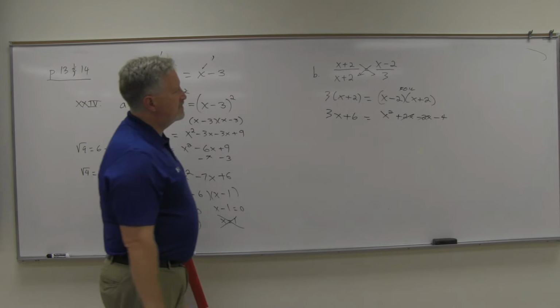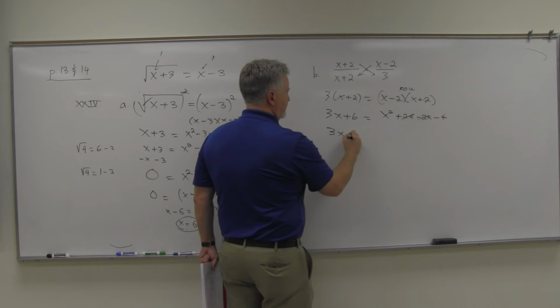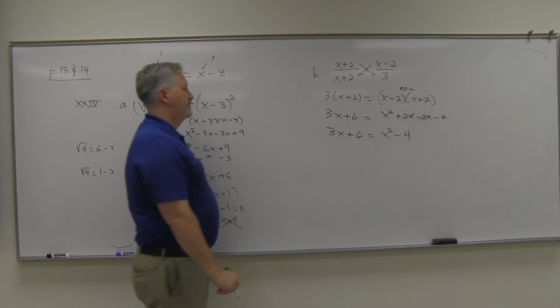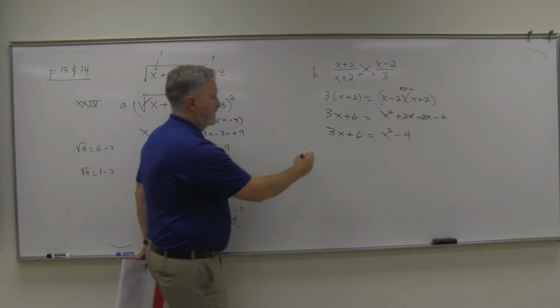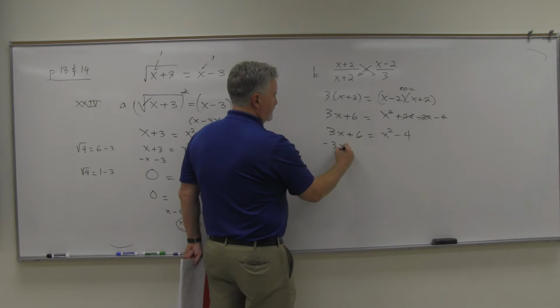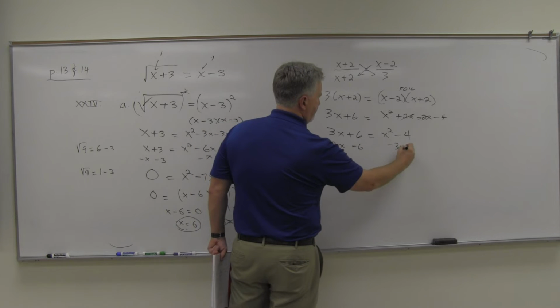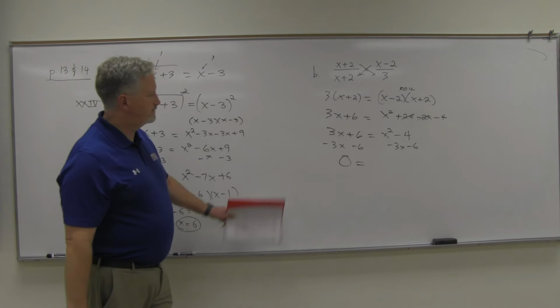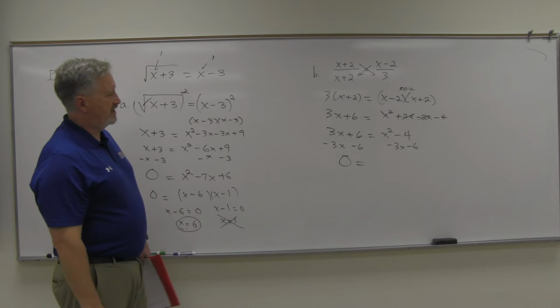So again here we've got an x squared equation, and what you do is make one side 0 and then either factor or use the quadratic formula. So I'm going to again make the left side be 0, minus the 3x and minus the 6.